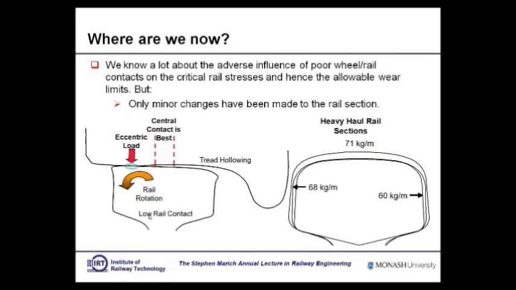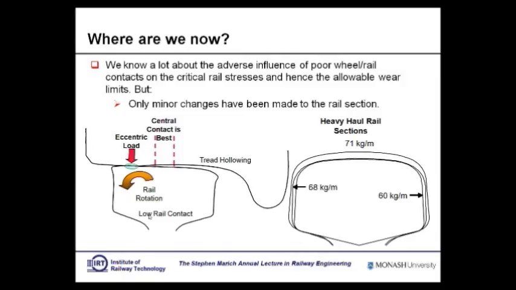And of course, this is the situation when you have a rail and many wheels that sit over this side of here, you get a rail rotation occurring and a rotational moment being introduced into the rail section. And of course, your stresses go high, your wear limits go down, and so on and so forth.